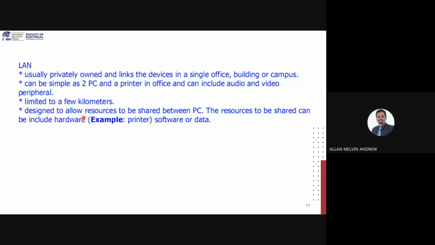So let's say you only have a PC, you don't have a printer, but your friend has a printer and is connected to the same LAN and made the printer available. So you can print from your laptop using his printer. You just need to select the network printer when you print, then you can select and print.